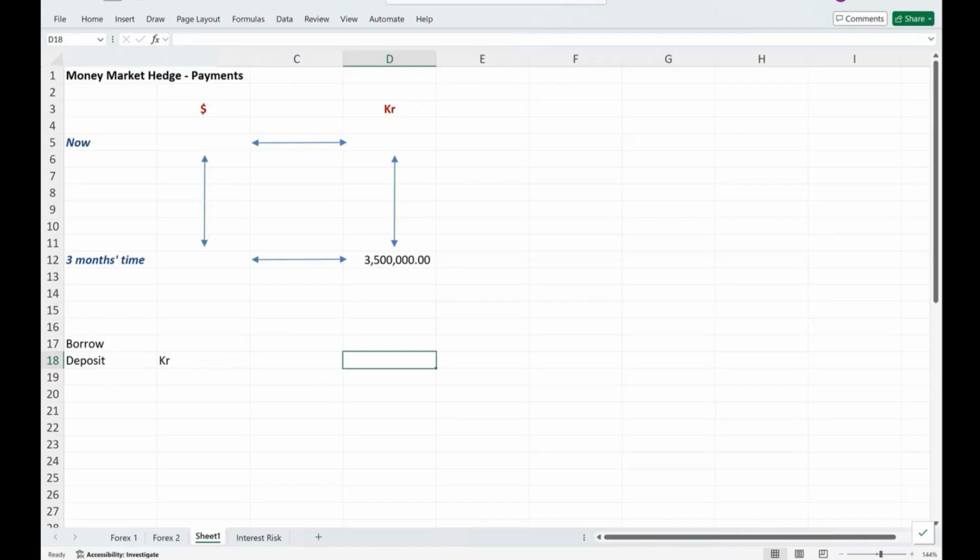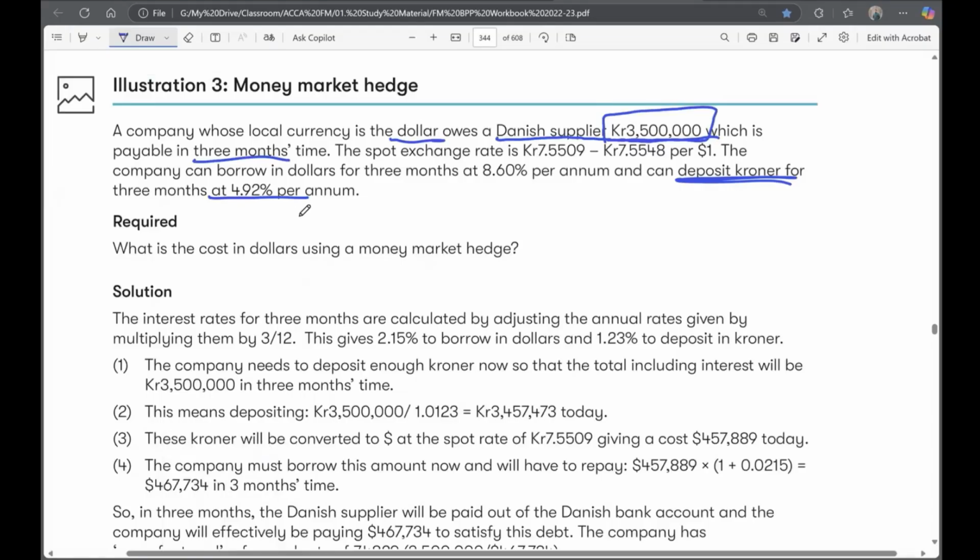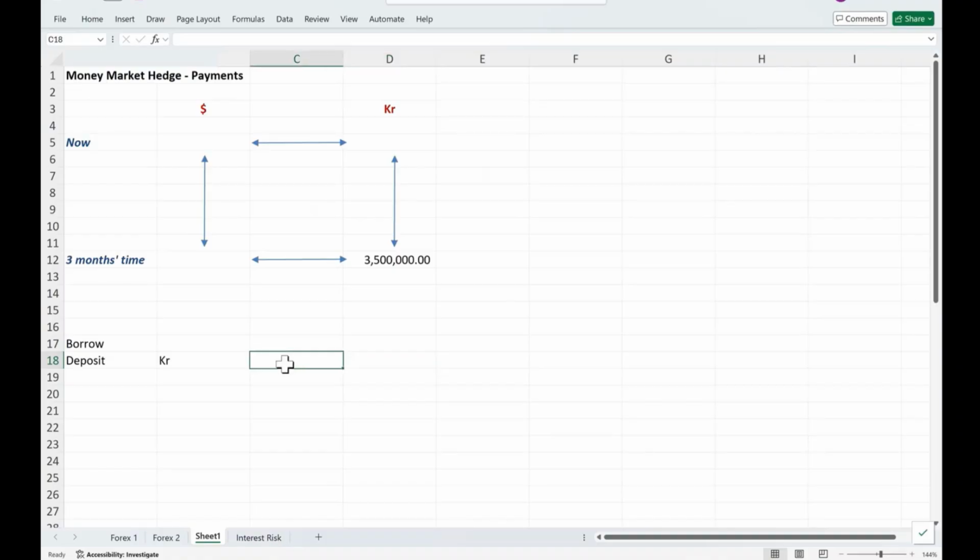So I need the kroner deposit rate, which is given as 4.92% per annum. But the problem is this is per annum. I only have to deposit for 3 months. So convert it into 3 months. I need to multiply this by 3 by 12.